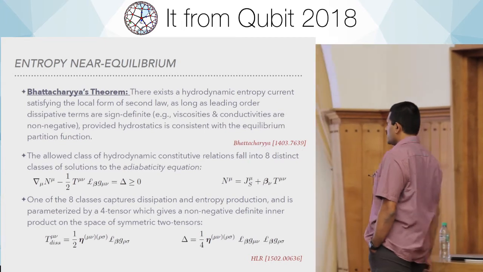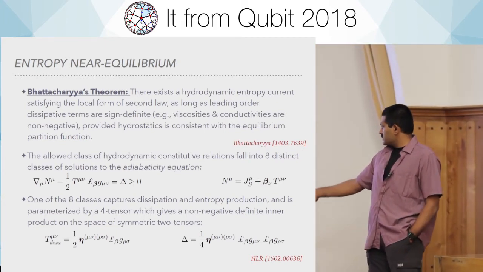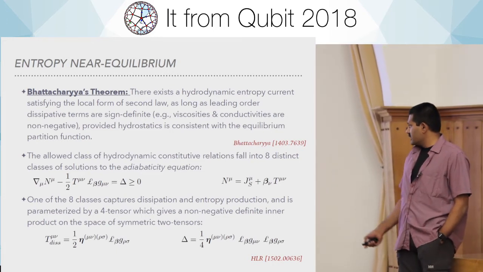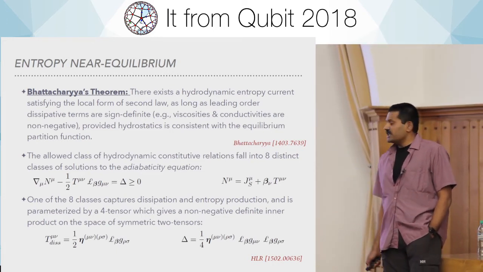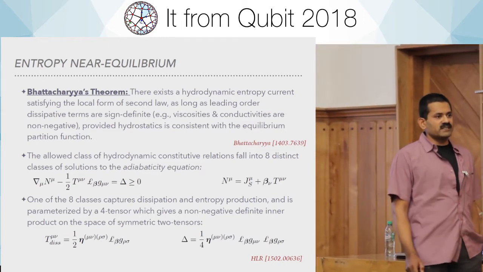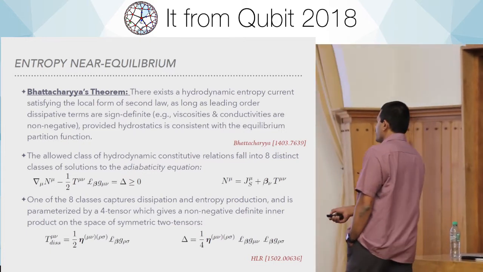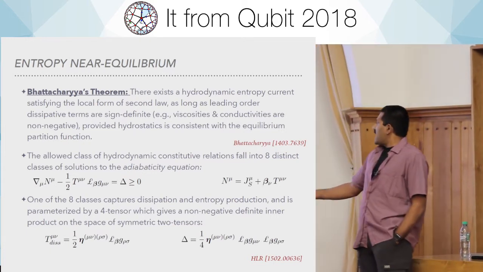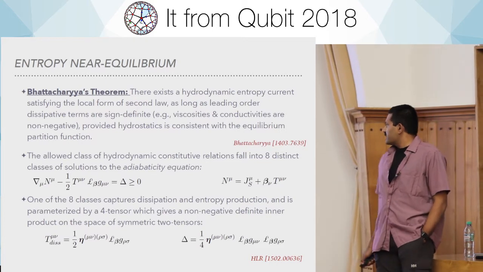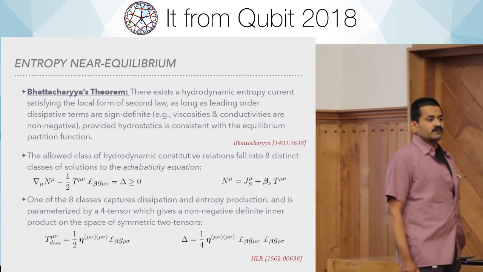So this theorem can be rephrased as a statement that it's always possible to find the solution to the subspace where delta is non-zero by a dissipative energy momentum tensor that takes the following form. It's parameterized by a 4 tensor, which is symmetric in its first two and last two indices, and symmetric in the exchange of the two pairs. And delta is basically given by the contraction of the 4 tensor with two Lie derivatives of the metric.